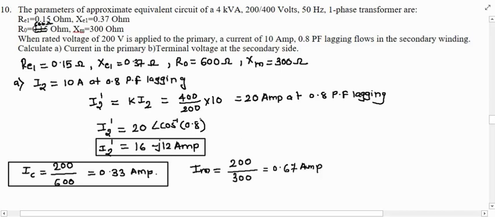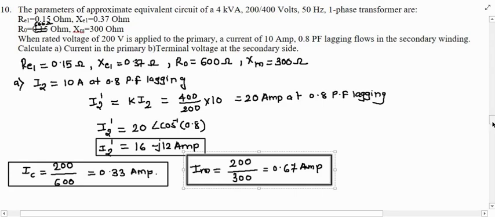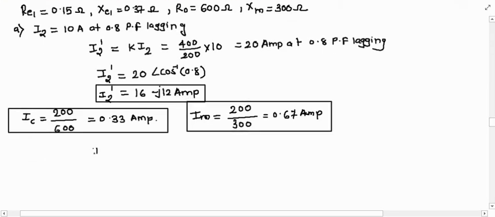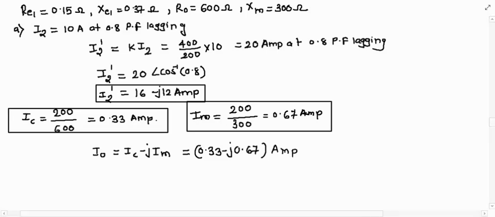So again I will write down my no load current in rectangular form. So what is my I0? My I0 will be IC minus JIM, which is equals to 0.33 minus J of 0.67 ampere. Why we are finding out I2 dash and I0?